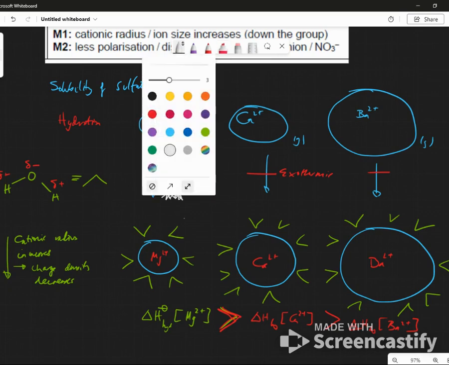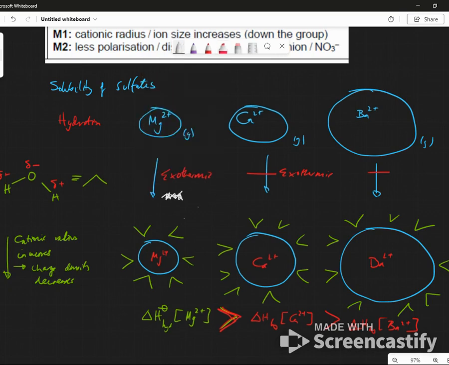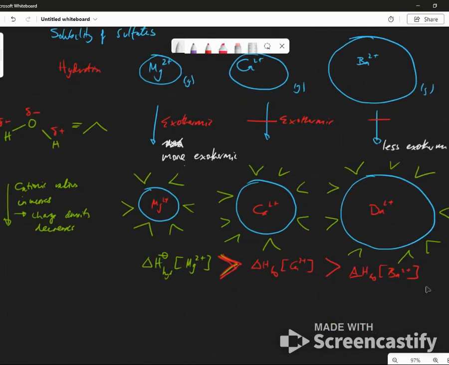I've got arrows on, I don't want any arrows. So the magnesium is more exothermic than these ones, and this is the least exothermic. All of you understand that? That's good. So that's one concept we've got to understand.